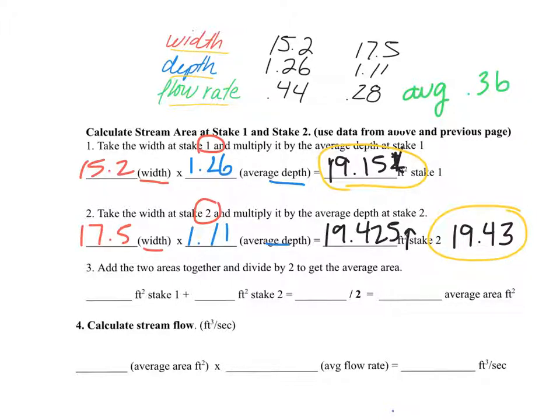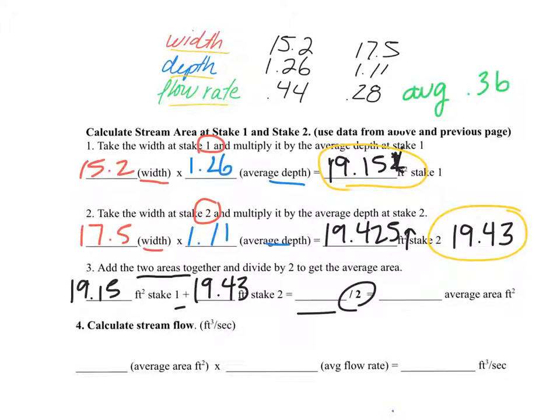Now again, making sure I plug in the right information, I'm taking the 2 areas that I just gathered. That is my 19.15 plus my 19.43. I'm simply going to add those together and divide them by 2, again just doing a quick average.